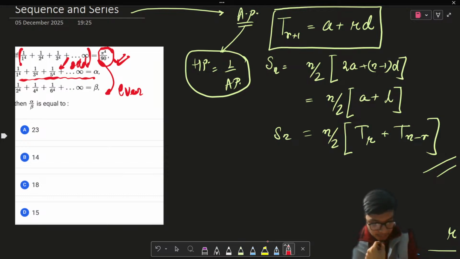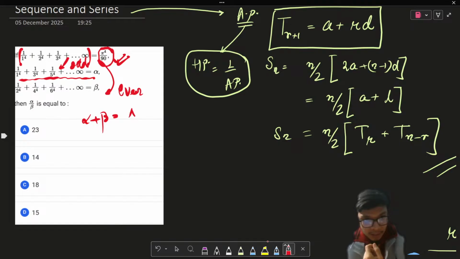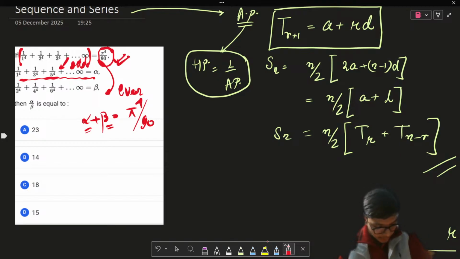The simplest approach that we can use here is to take this particular expression. If I do alpha plus beta, we'll have the result as pi to the power 4 by 90, right? Now I have to separate out alpha and beta from this expression, and that can be done as follows.